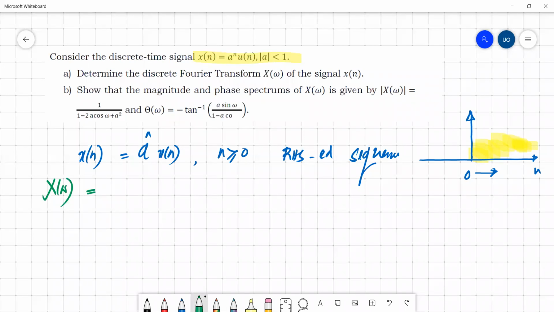So this is a discrete sequence, so you can apply the Fourier transform for this one. If I remember the definition of this Fourier transform correctly, it's the sum from minus infinity to plus infinity of x[n] e to the power minus j omega n.